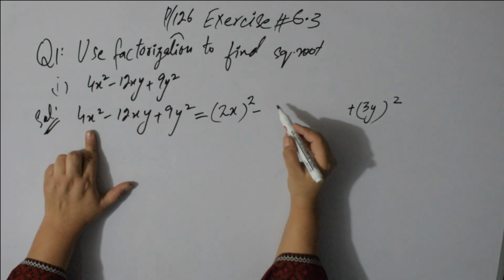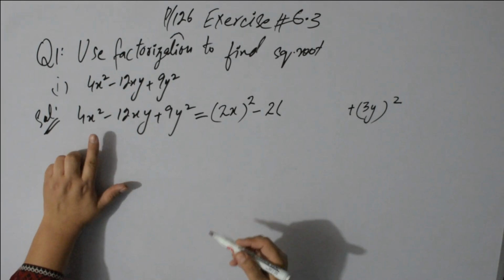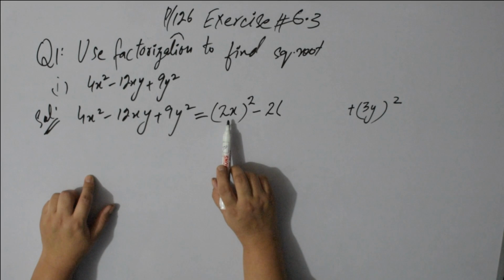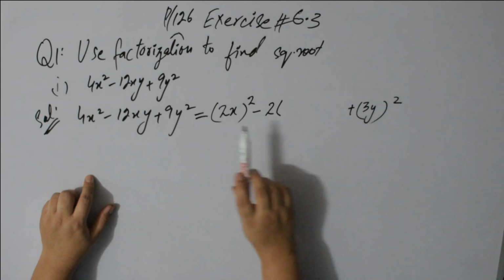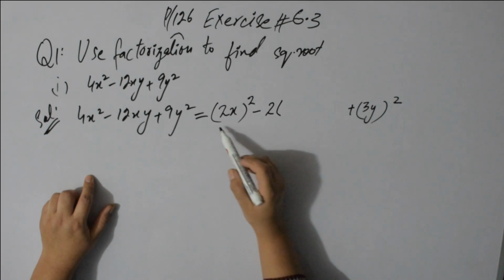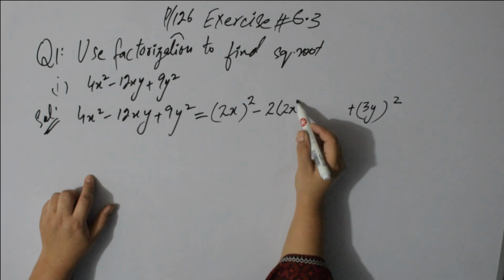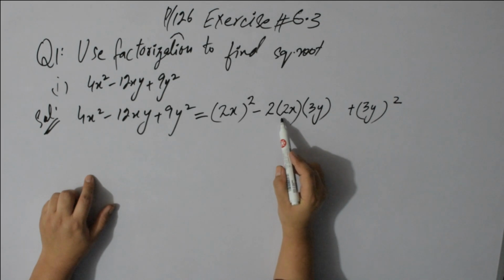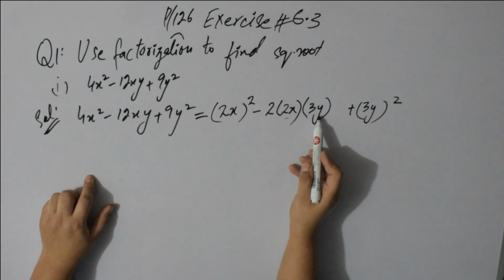Now you see, 2 into the product of first and last term, that is a and b, gives the middle term. My first term is 2x, my last term is 3y. This is a, this is b.